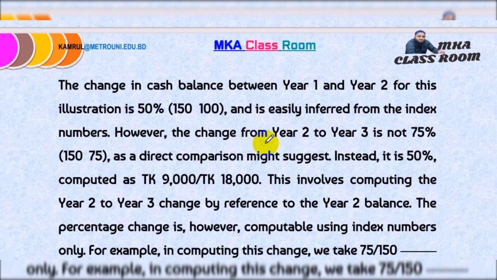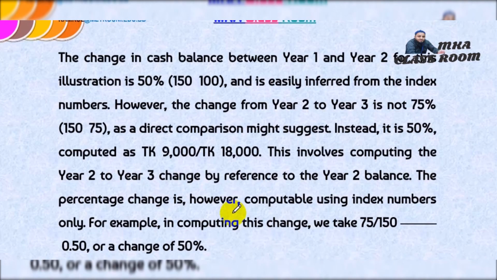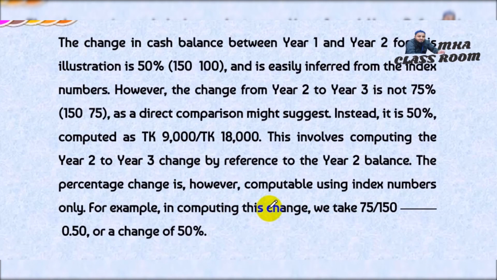However, the change from year 2 to 3 is not 75% as a direct comparison might suggest; instead it is 50%, computed in this way. So this involves computing the year 3 change by reference to year 2 balances. The percentage change is however computable using index numbers only.